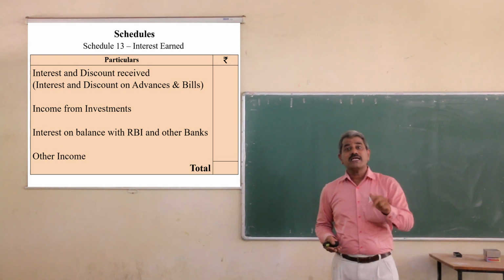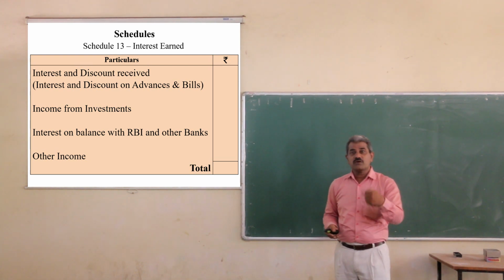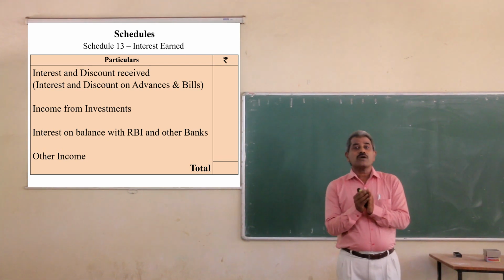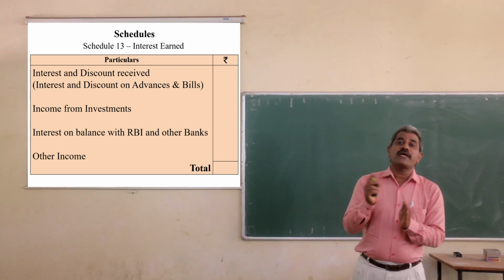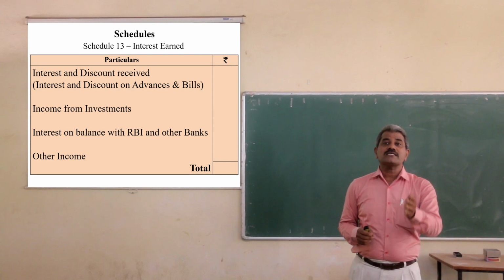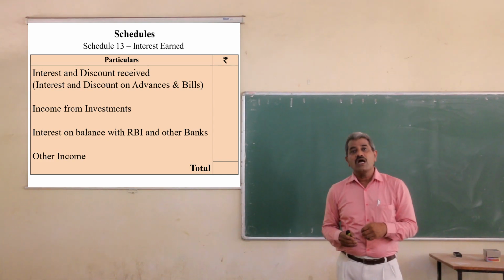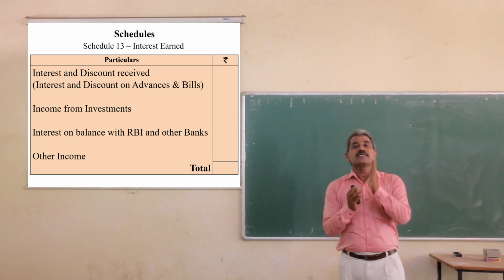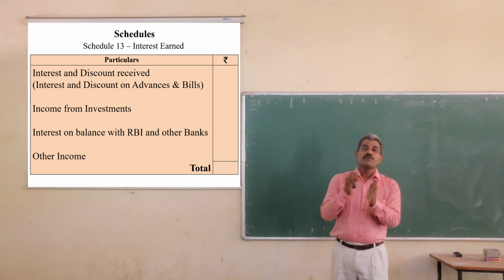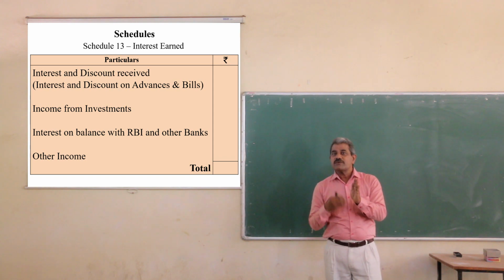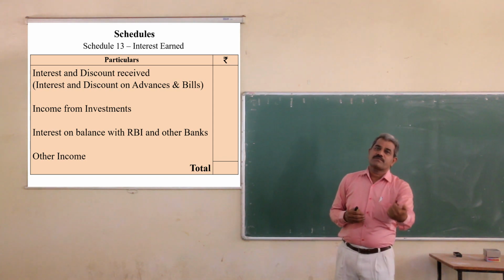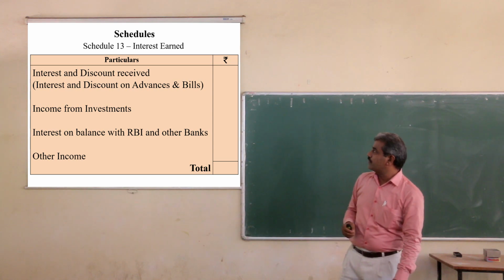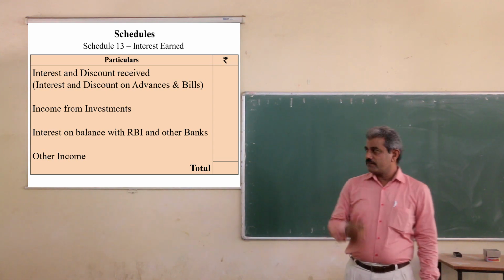At the same time, interest on deposits is an expenditure to the bank. So when we say interest, we have to mention whether the interest is received or paid, because the same concept is used for income as well as expenditure. First we will see interest received, interest earned.